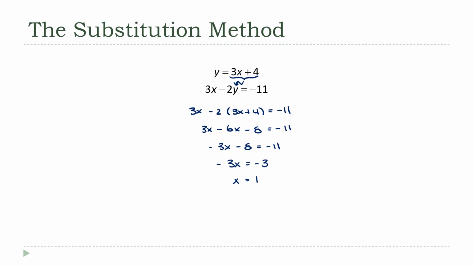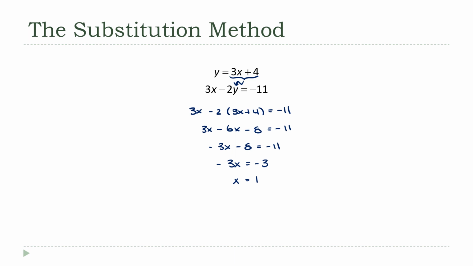We're not done because we have two variables in the equation, so I'm going to have two numbers in my answer. I've got the x value, and that's great, but I still need to find the y value. So what I'm going to do is substitute again. I'm going to take the first equation. It does not matter which equation you use for this step. You can use either of the two.